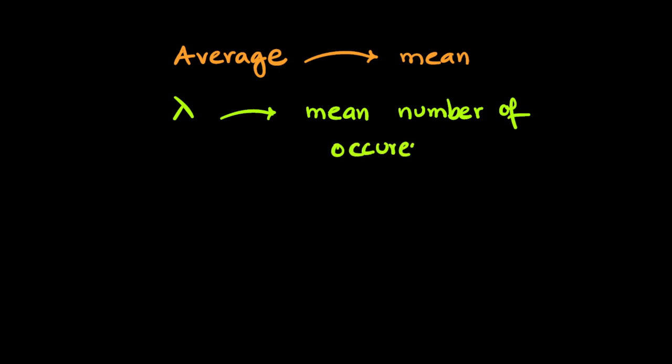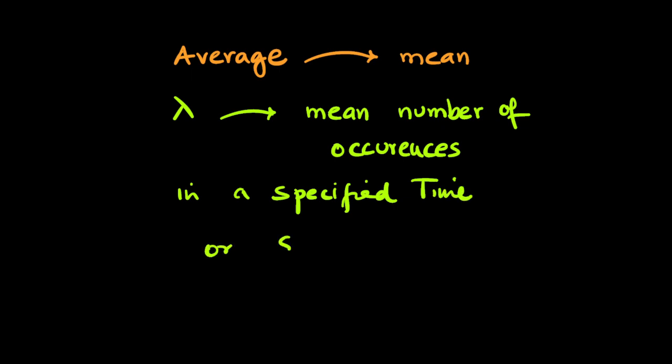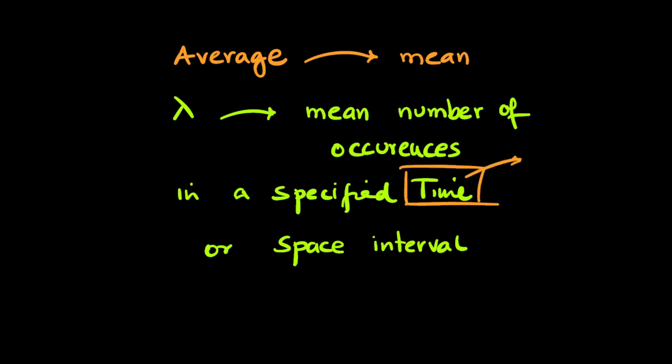So let me write occurrences over here in a specified time or space interval. Now, first of all, let me focus on the time interval. It could be per second, it could be per minute, it could be per hour, it could be per day, it could be per year.